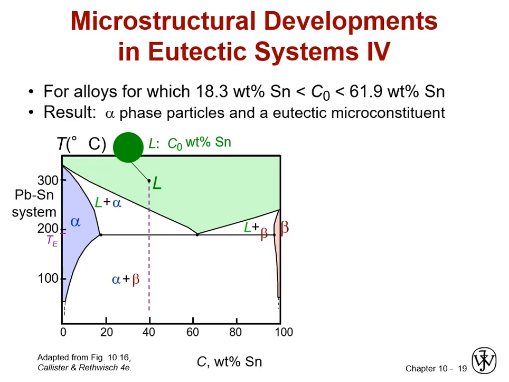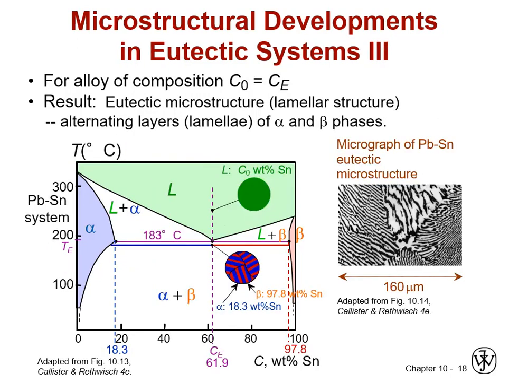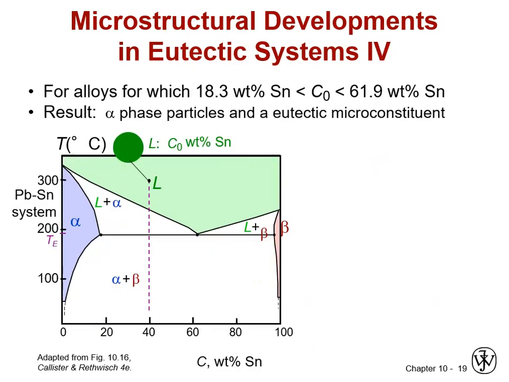So this will be any alloy which goes from 18.3 weight percent tin, the left-hand side of the eutectic tie line where it intersects the pure alpha region, all the way over to the beta boundary at, I believe, 97.8, with the eutectic composition in the middle at 61.9. So we're going to take something in the middle there at 40, and we're going to cool it down and see what kind of microstructure we get.